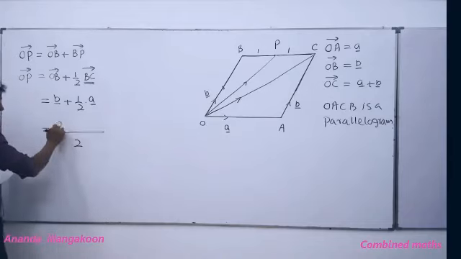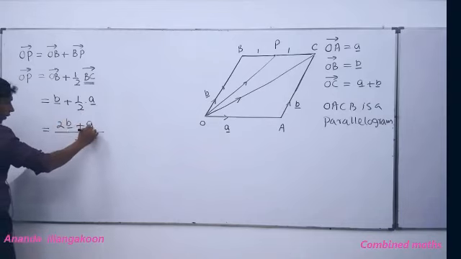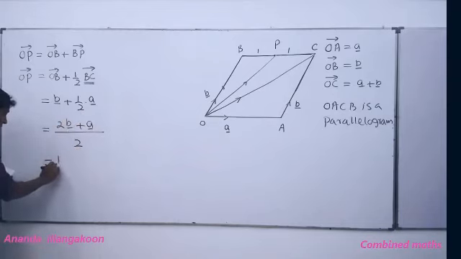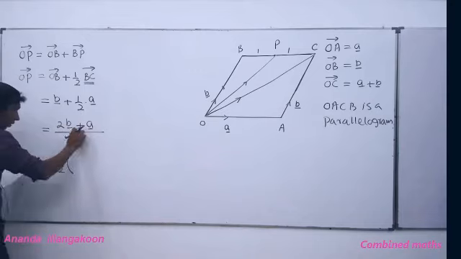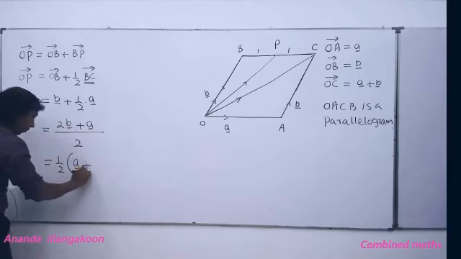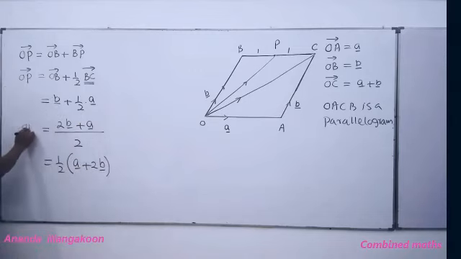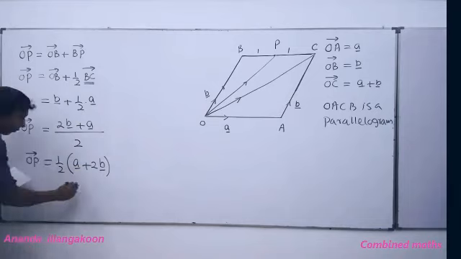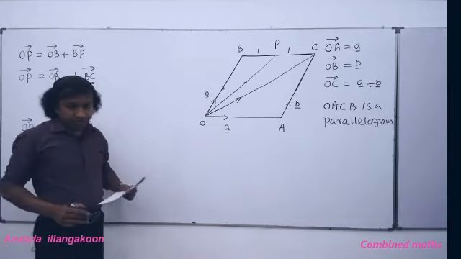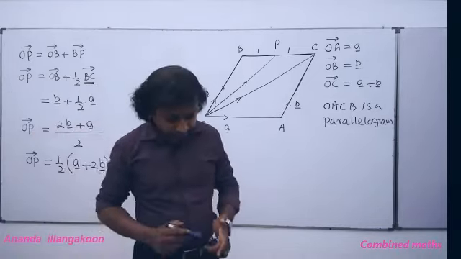This b we have to multiply by 2, so 2b plus a. This 2 I can write as half taken out from a bracket: half of a plus 2b vector. This way the first answer is coming. Right? Yeah.